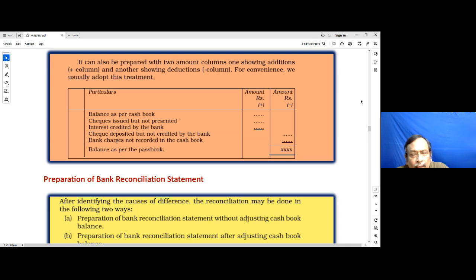Okay, these are added and shown in the amount rupees plus, checks deposited but not credited by the bank, bank charges not recorded in the cash book. Then finally we are in a position to arrive at balance as per the passbook.